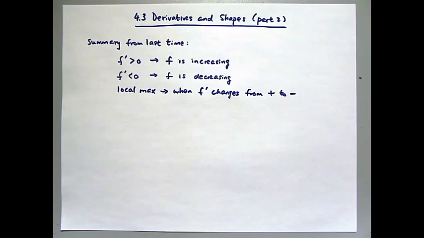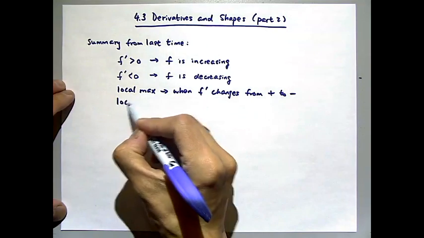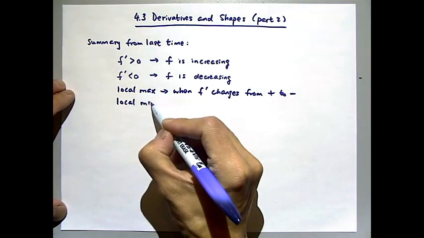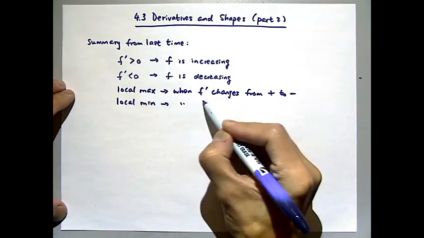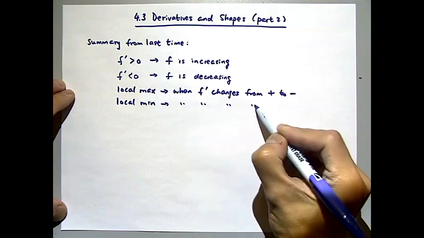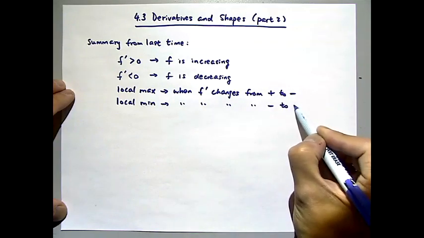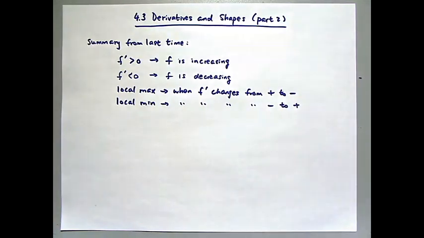So the flat point in between must be the maximum. And conversely, if the function was decreasing before and increasing after, then we've reached a local minimum at some point.